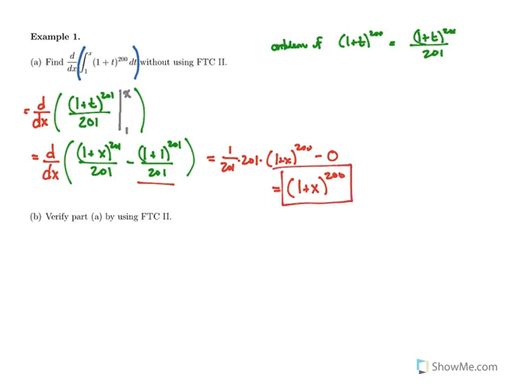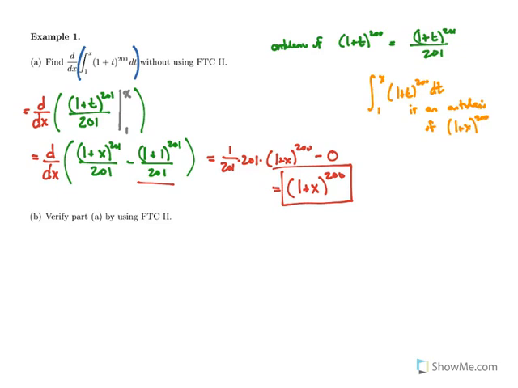And that is the derivative of the integral from 1 to x of 1 plus t to the 200, because we said that this is an antiderivative of 1 plus x to the 200.